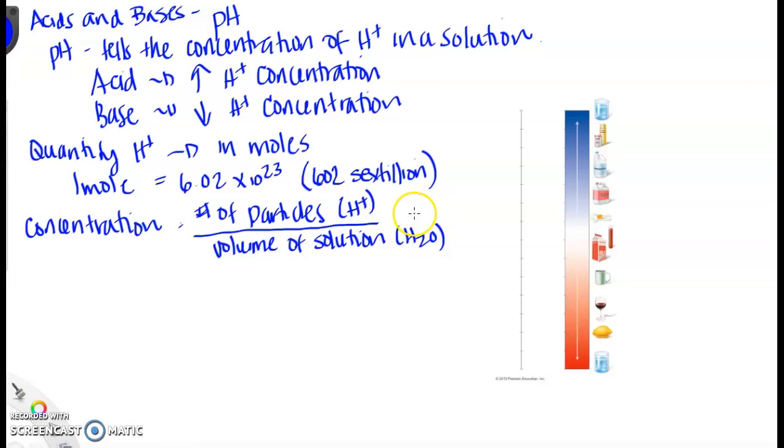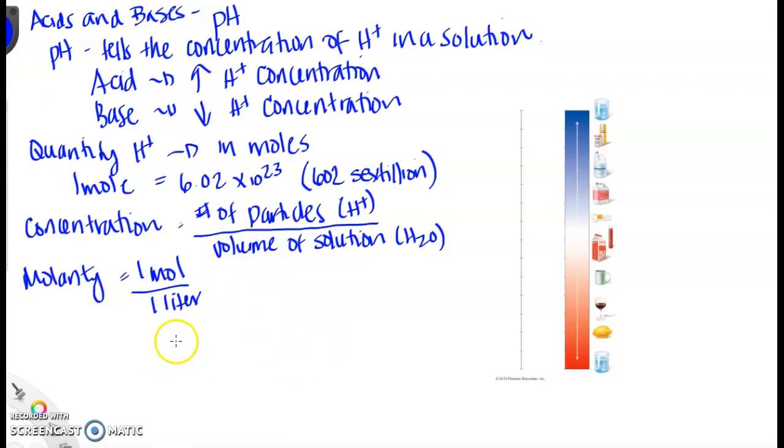Okay. So the molarity of something is 1 mole, so of hydrogen, per 1 liter of the solution. So a mole of hydrogen per a liter of water.